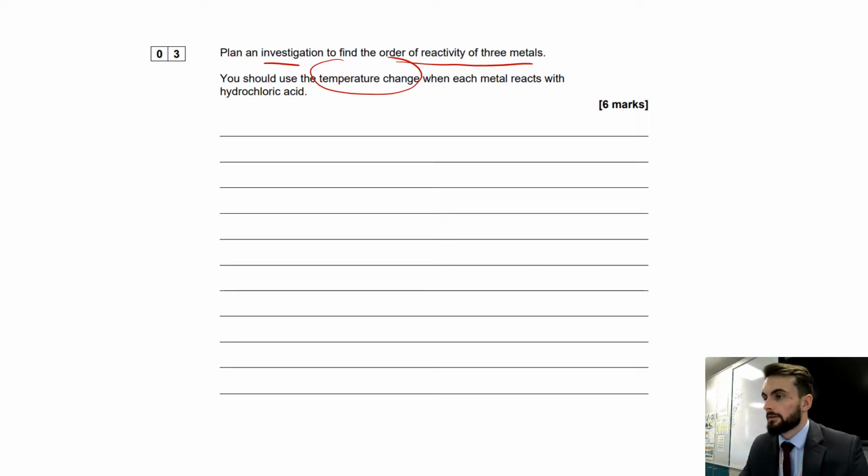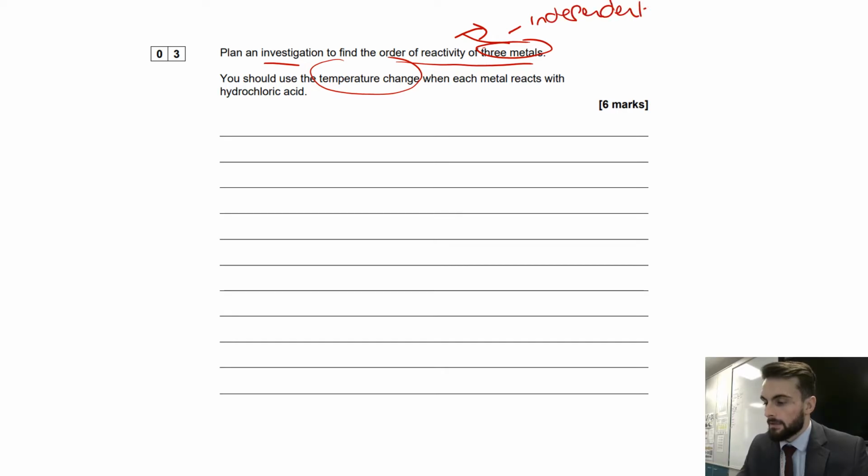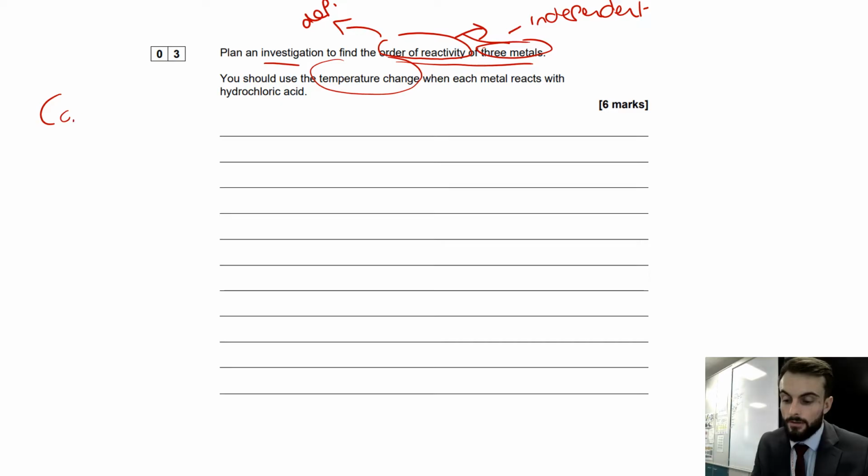We want an independent variable, something we change, a measuring thing, the dependent variable, and then we want to control everything else, because otherwise our results mean nothing. So first thing I've highlighted is this: the three different metals is our independent variable. That is the thing we are changing. And then the order of reactivity is our dependent variable. And then there are going to be some controls in there, but we'll get to that later.